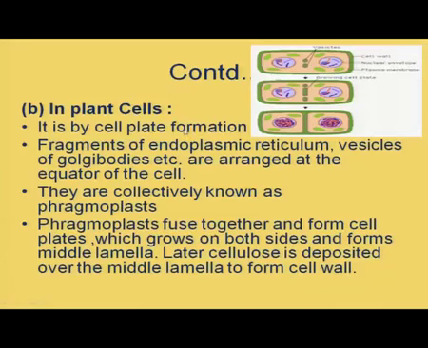In the plant cell it happens by yet another method, known as cell plate formation. Here you can see some fragments of endoplasmic reticulum, some vesicles from the Golgi bodies and fragments of spindle fibers. All these are arranged at the equator of the cell, at the center of the cell in between the two nuclei.